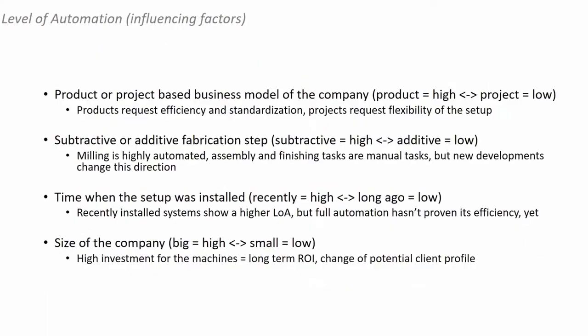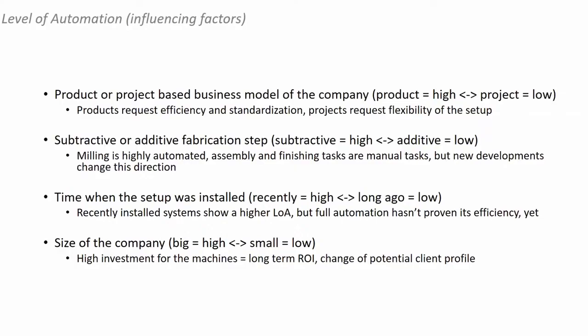So for the influencing factors, product-based companies have the tendency for a higher level of automation than project-based companies. You have also seen the subtractive or additive fabrication steps: the subtractive fabrication steps are highly automated in both ways, and additive or assembly steps are still done with a lot more human labor involved.